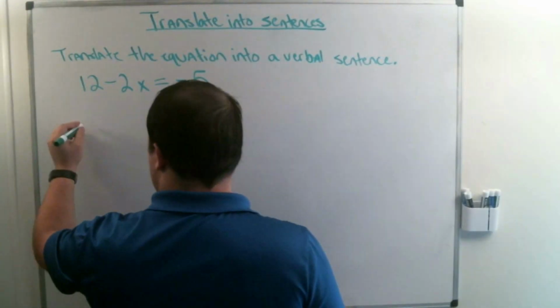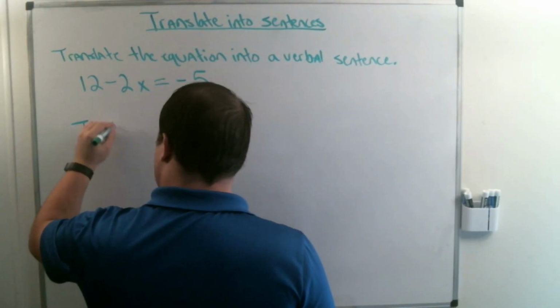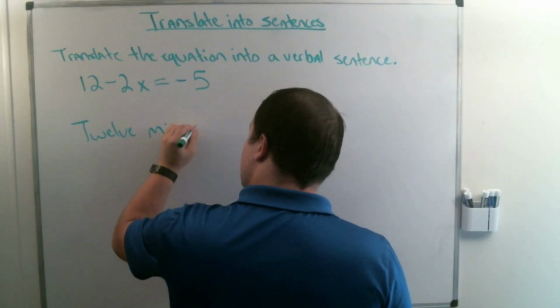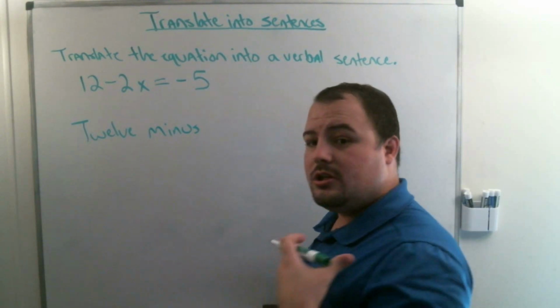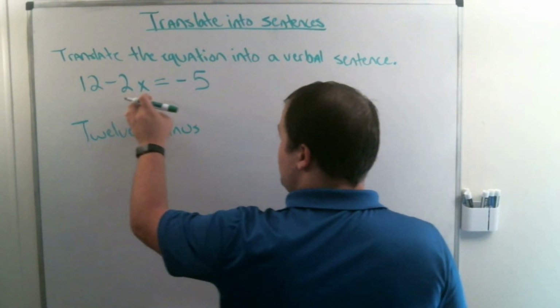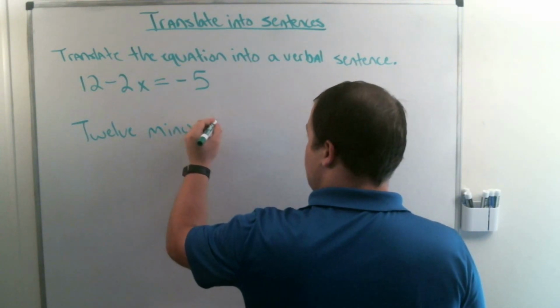So the first thing I see is 12. So I'm going to write 12 minus... Now again, anytime you write a sentence, you need to include every operation that's happening. So what is 2 doing to x? Well, that's multiplying.